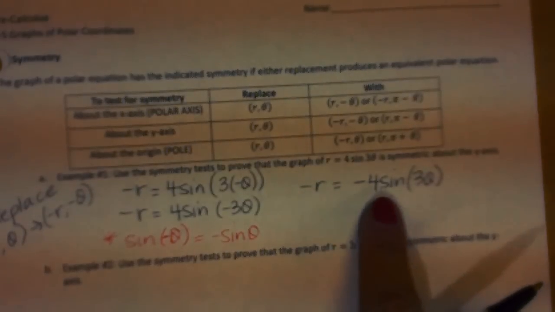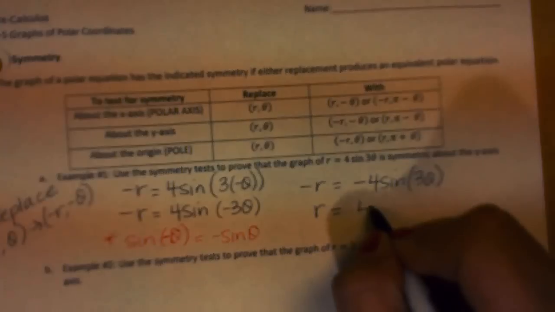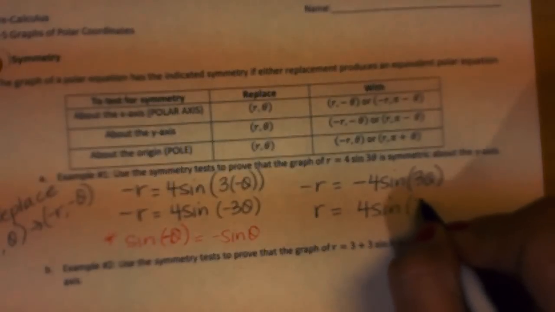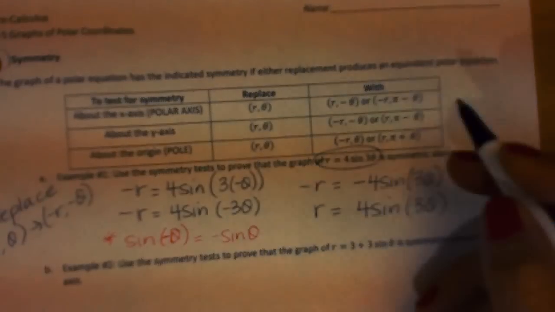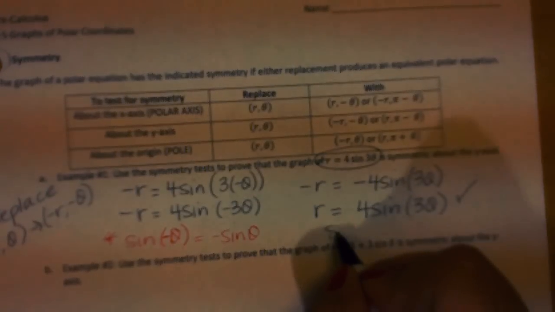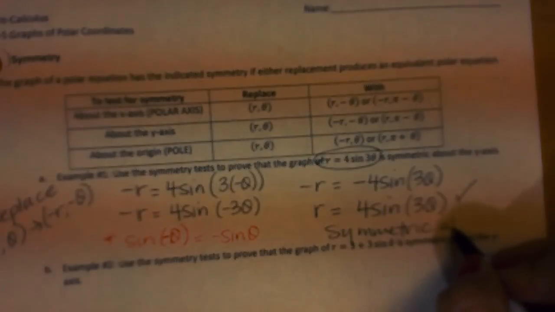Now if we divide both sides of this equation by negative 1, that means r is going to equal 4 sine of 3 theta, which is what we began with here. So therefore these are symmetric about the y-axis.